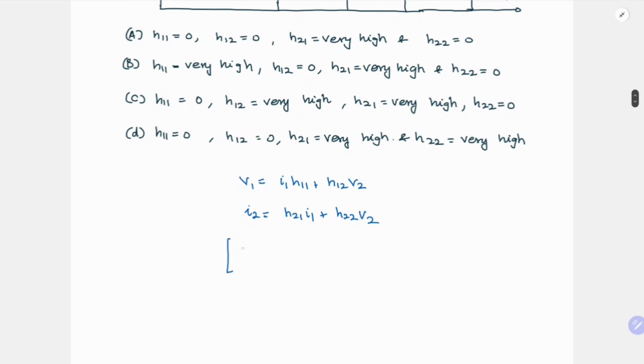So this is nothing but V1, I2 is equal to the matrix H11 H12, H21 H22, into I1, V2. So your input voltage and output current are related to your input current and output voltage. That's why it is called a hybrid parameter.